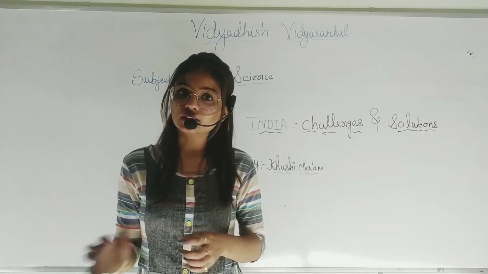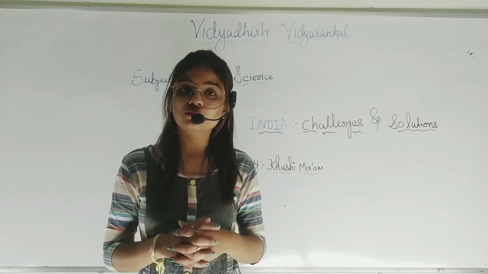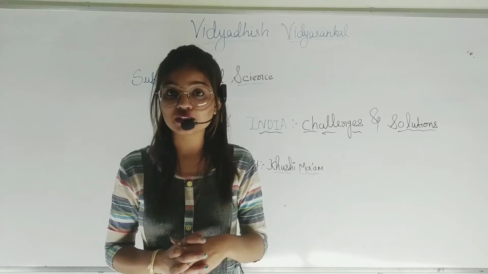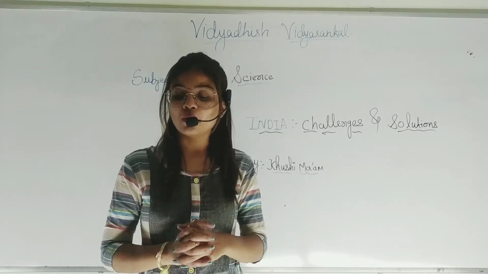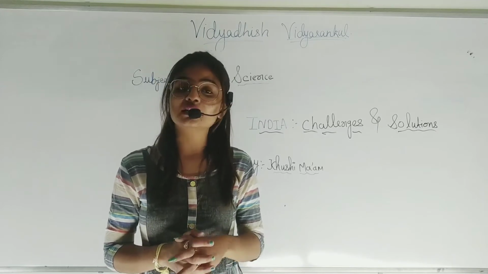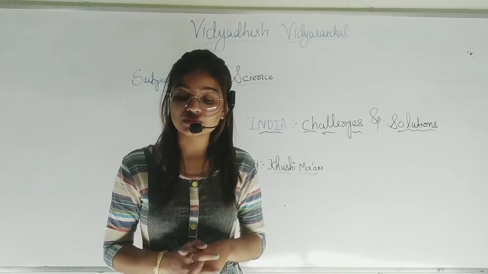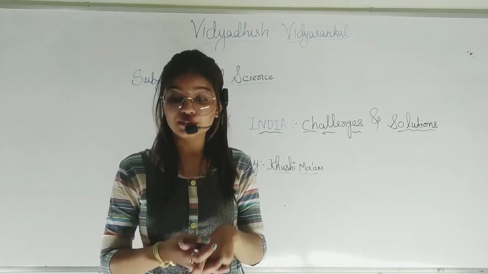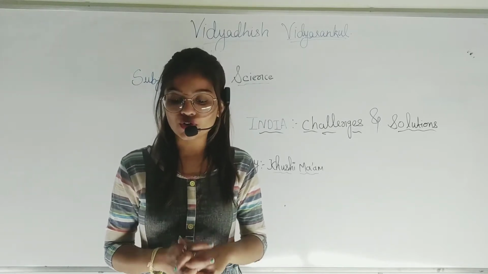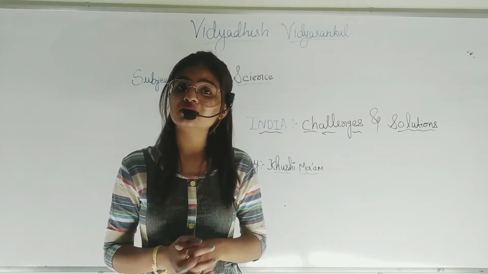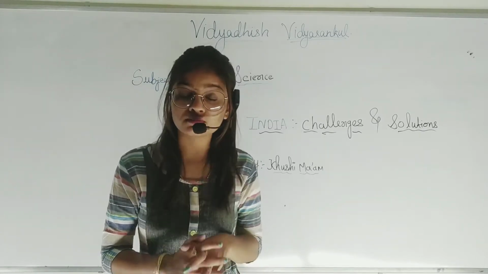The first is the internal problems, the second is the regional problems, the third is the border problems, and the fourth is the natural problems. In the internal problems, we saw overpopulation, literacy, inflation, poverty, unemployment, corruption, terrorism and communalism.